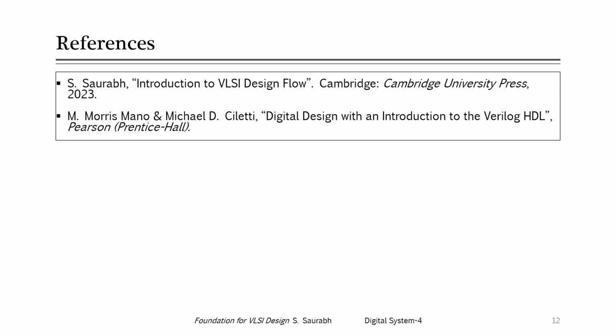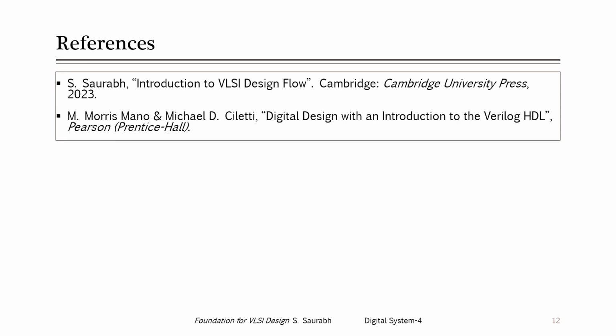Now, to summarize, in this lecture we have looked into sequential circuit elements. We started with the cross-coupled inverter pair, and we saw that there are three states for a cross-coupled inverter pair: the zero state, the one state, and the metastable state, or VM state. We saw that the metastable state should be avoided in a digital circuit, and why.